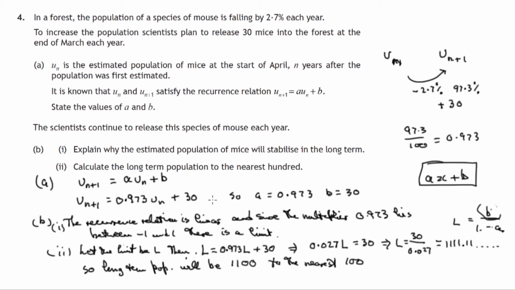So linear recurrence relation with a multiplier lying between -1 and 1 ensures there'll be a limit, and if we assume the limit's L, solve this little equation, we end up with 1100 to the nearest 100 as the long-term population of mice in the forest.